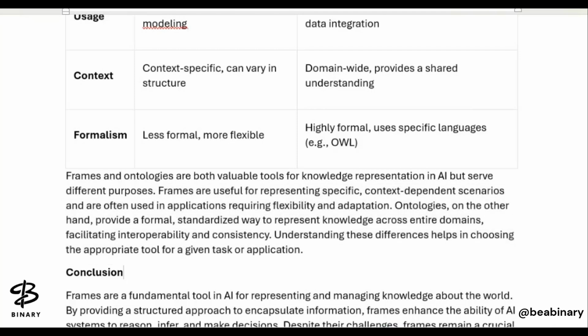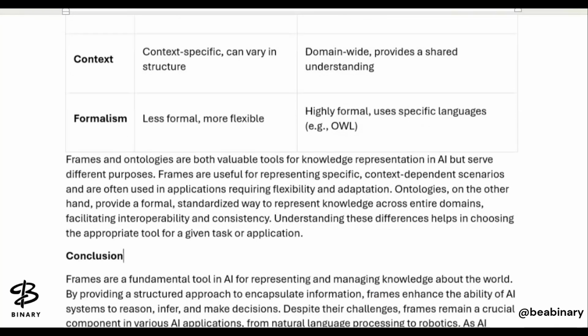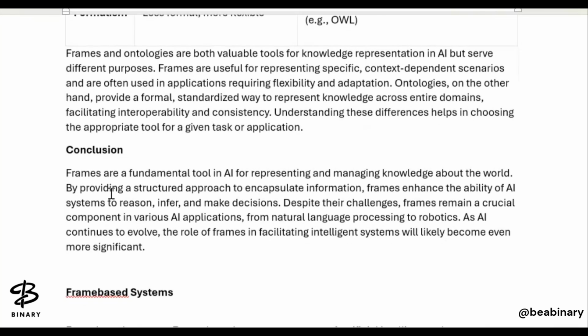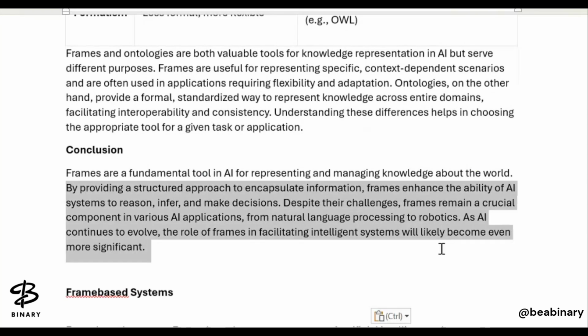Simple. So frames are a fundamental tool in AI for representing and managing knowledge about the world by providing a structured approach. The first characteristic is to encapsulate the information. The second characteristic here is the encapsulated information.